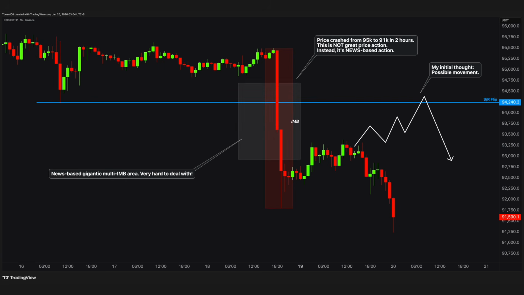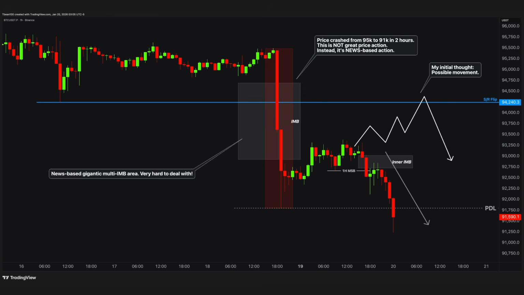The reason is because the news-based gigantic multi-imbalance areas are extremely hard to manage. We also do not really know what might actually happen inside this zone once price is moving through them. However, if you still focus on the price action and structure itself, especially in this case the 1 hour chart, you can see the move shifting downward to take out the PDL below.